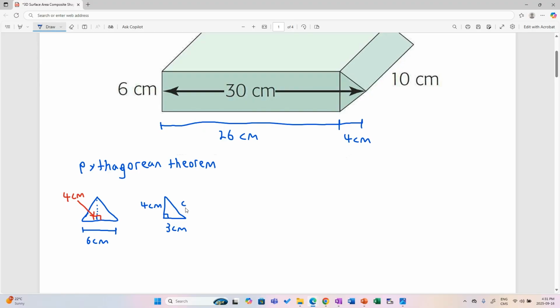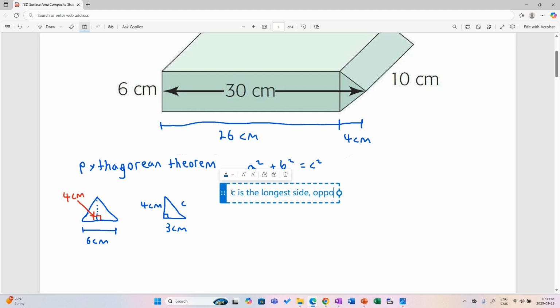If you recall, the Pythagorean theorem is basically a squared plus b squared equals c squared. Now I've got to tell you what they mean. C is the longest side, and it is also opposite from the right angle.